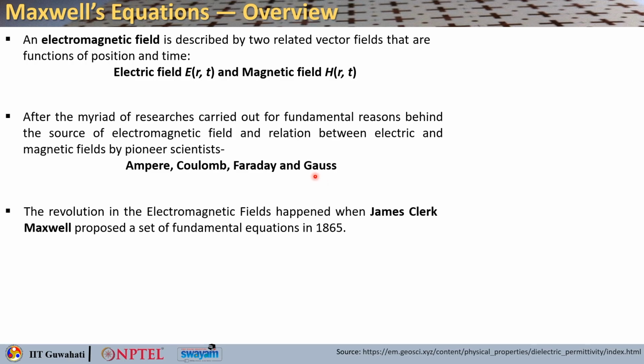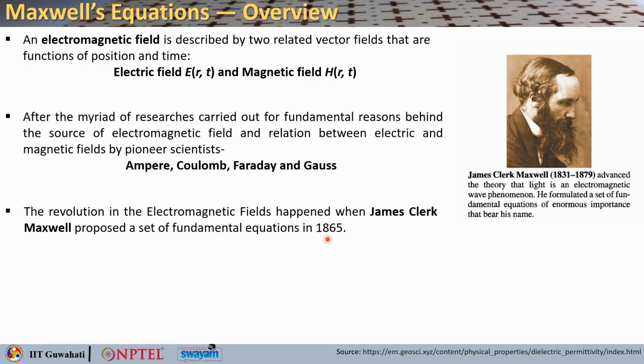He proposed a set of fundamental equations in 1865, and that is him. He advanced the theory that light is an electromagnetic wave phenomenon, and he formulated those fundamental equations, and that is why those 4 equations bear his name.